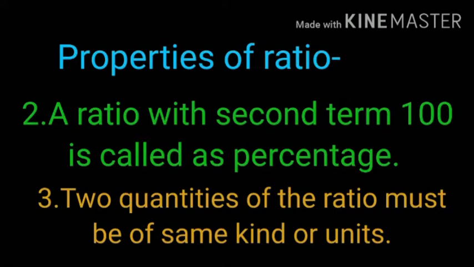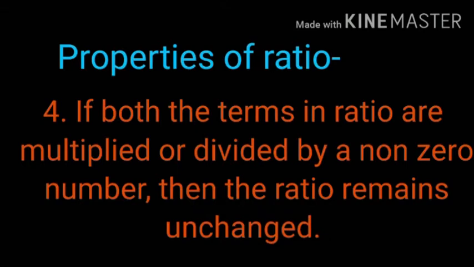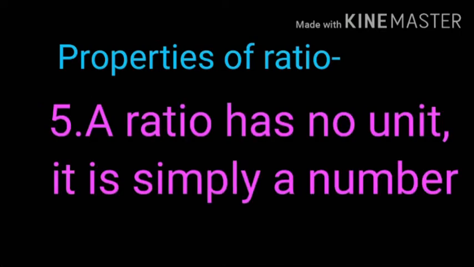Then only we can write the ratio. If both the terms in the ratio are multiplied or divided by a non-zero number, then the ratio remains unchanged. The last property is that the ratio is without unit. It is simply a number.